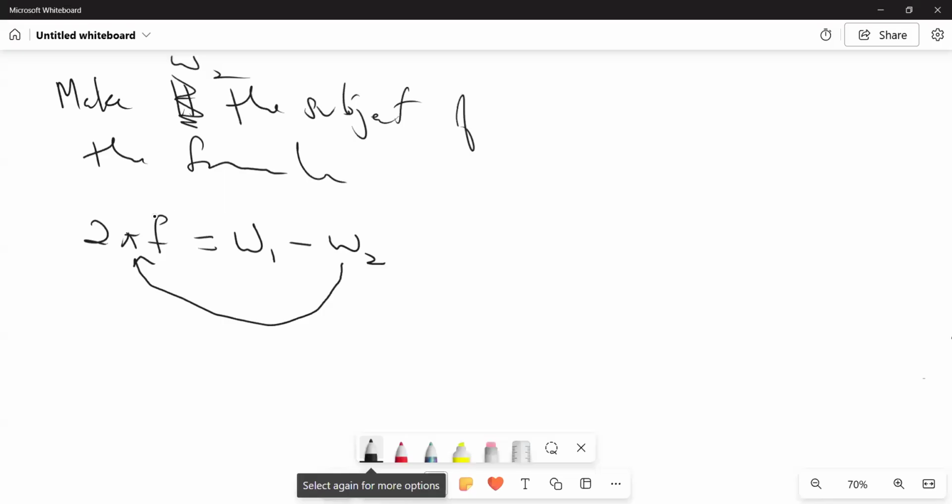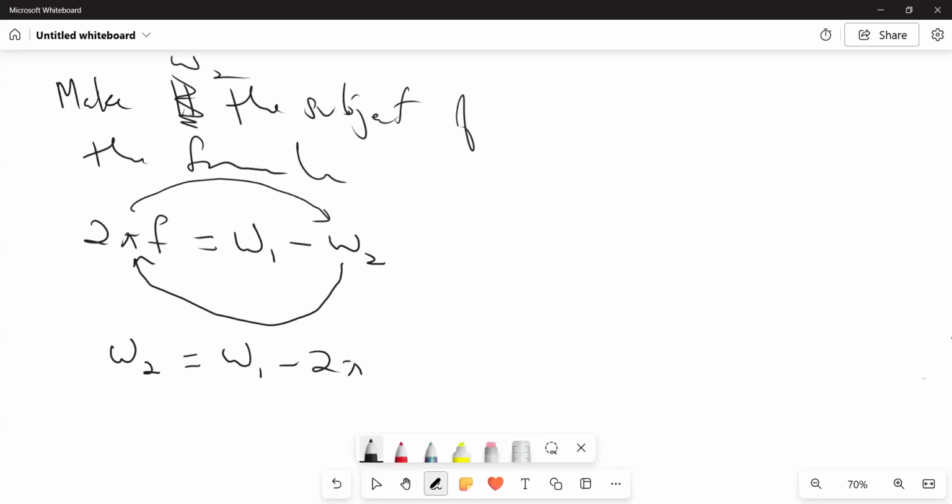This minus W2, bring this over here, and this becomes negative when it comes over. So you end up with W2 equal to W1 minus 2 pi f. And voila, you get the answer in just one step. Right? So if you're very good, you will tend to develop that ability.